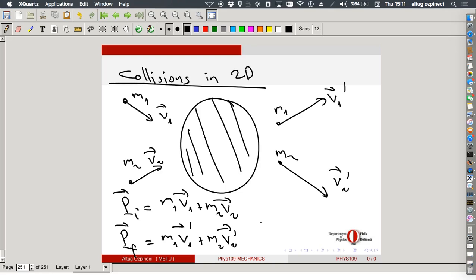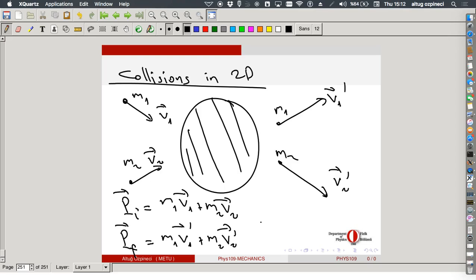Well, just like the previous case, we don't know the final v1 prime, we don't know the final v2 prime. But now these are vectors. They have the x component and they have the y component, none of which we know. So we have 2 unknowns over here, we have 2 unknowns over there. So we need 4 equations to solve for each one of them.